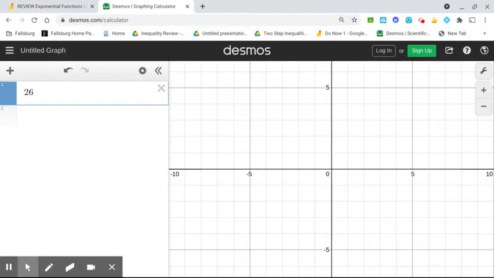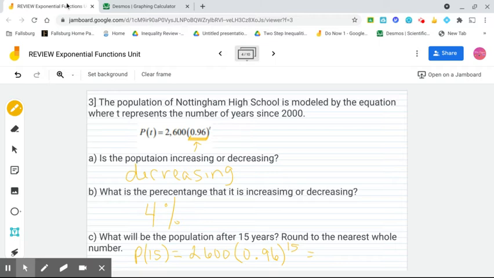So I have 2,600 times 0.96 to the power of 15. And it says to round to the nearest whole number. So this 4 in this spot is not going to be big enough to make this 9 go up. So it's going to stay 1409. So that would be the population after 15 years.